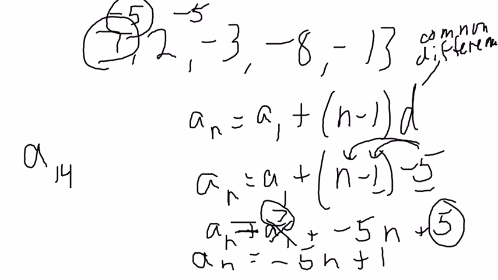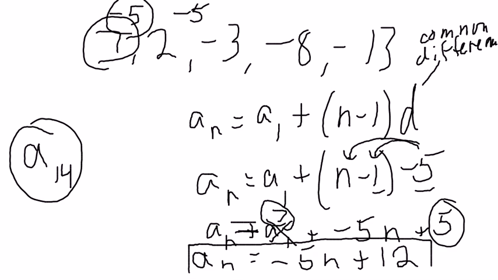And that's our explicit formula to find any term. -5 times that number plus 12 will give us our answer. All right, so now we find a sub 14. It wants us to find this one right here. So we just plug in 14, and now it's just arithmetic. It's like Algebra 1. You just plug in stuff. So a sub 14 equals -5 times 14 plus 12.